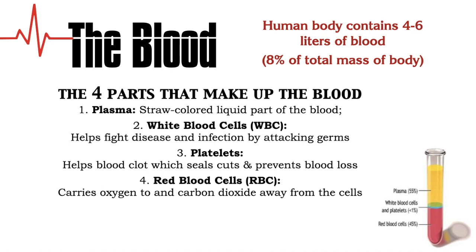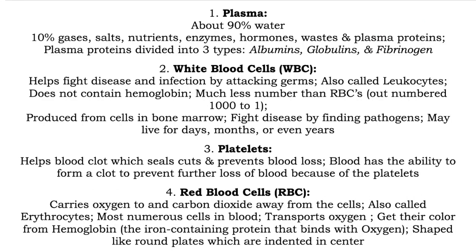So when we do separate the blood, we're able to see the plasma is this yellow or straw-colored liquid portion, while the rest is more of a solid portion of the blood. So the plasma is about 90% water, and then about 10% would be waste and proteins and enzymes and hormones and salts and diffuse gases and different nutrients.